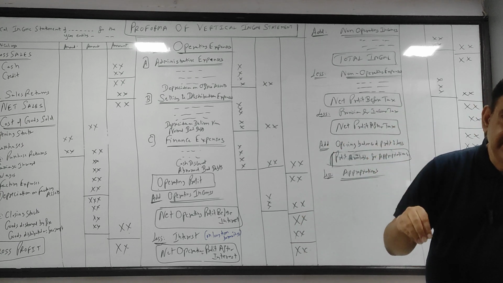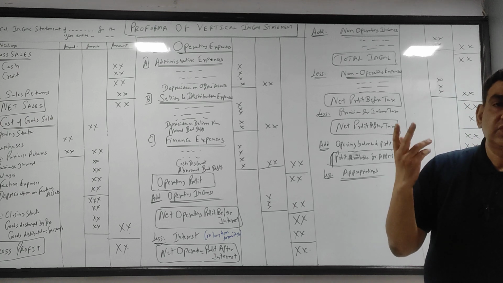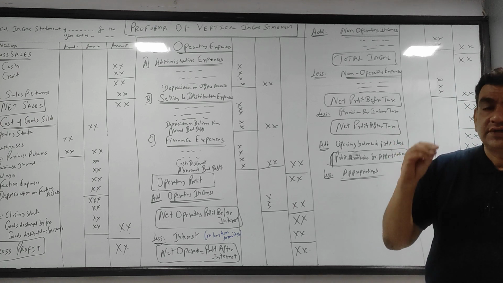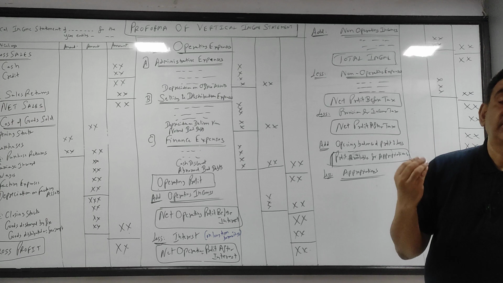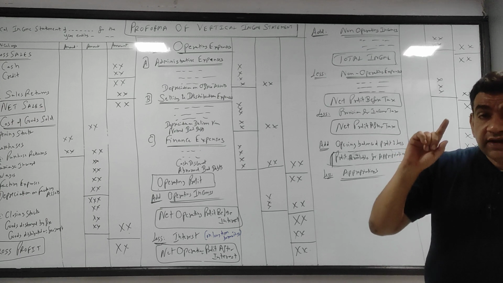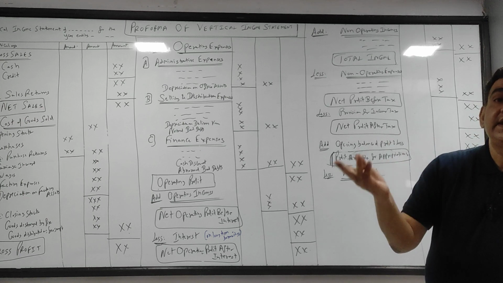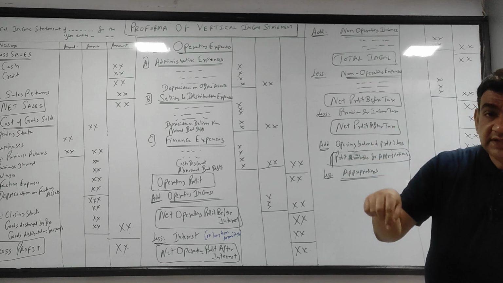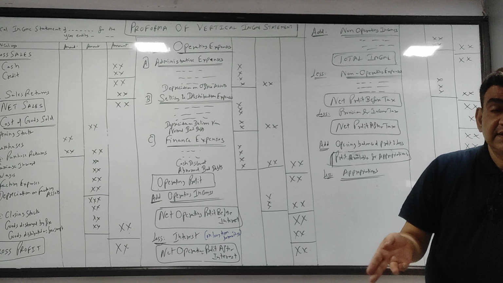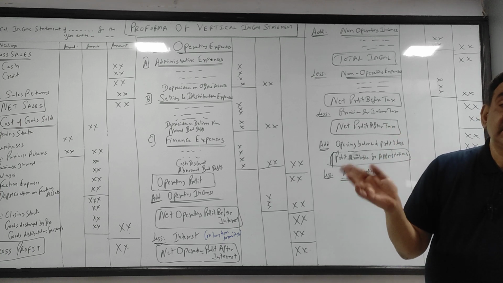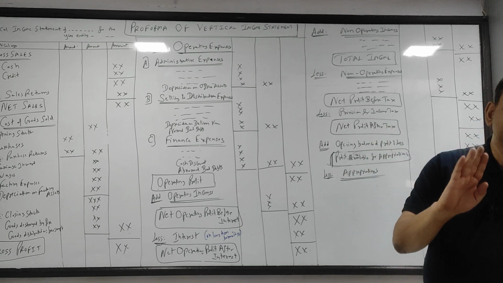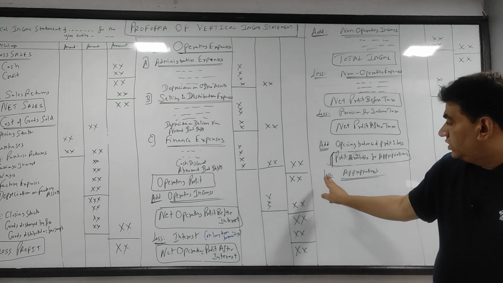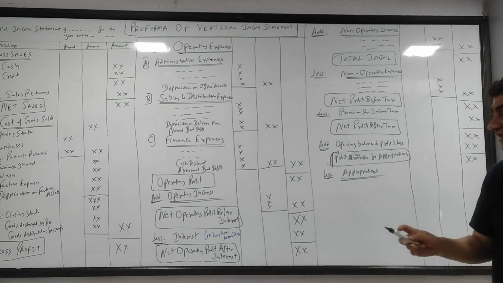I can go much deeper, but going deeper is not applicable to your syllabus. So these are examples of appropriations. Dividend which is paid during the year is called interim dividend, and the dividend which you pay after the year is over is called final dividend. So what all will come here? It is given in the list.